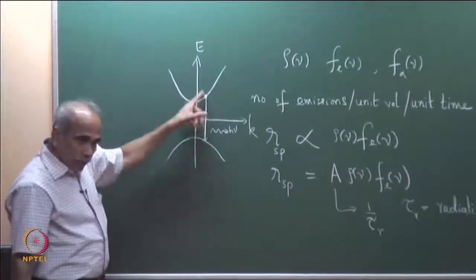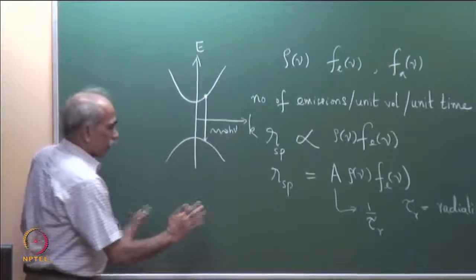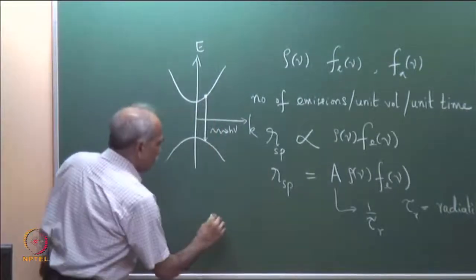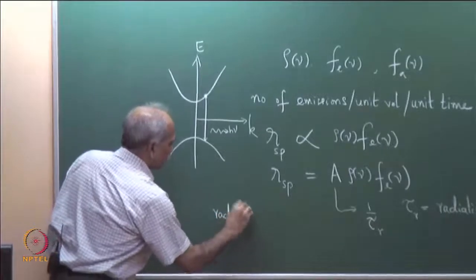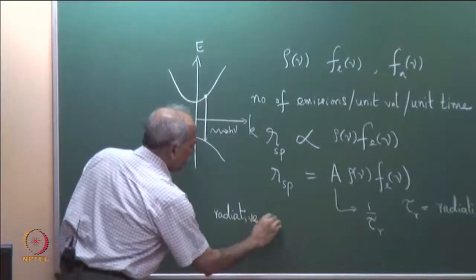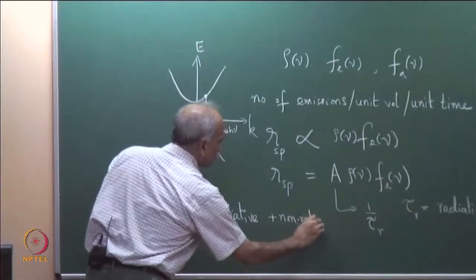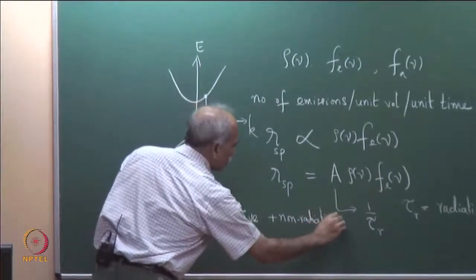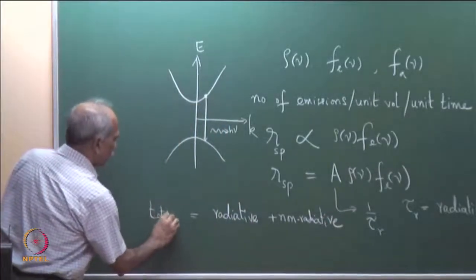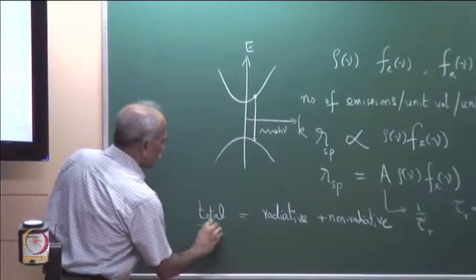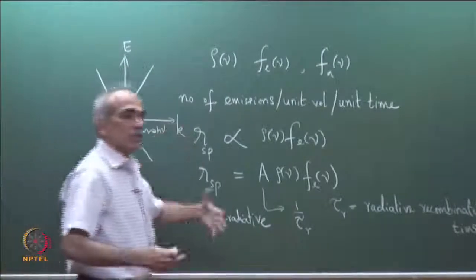Therefore, the total number of spontaneous downward transitions comprises radiative plus non-radiative transitions. Spontaneous, because the electron is coming down on its own.